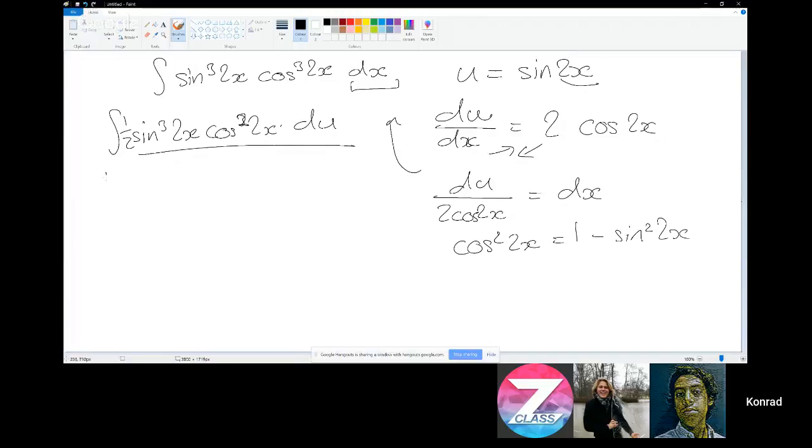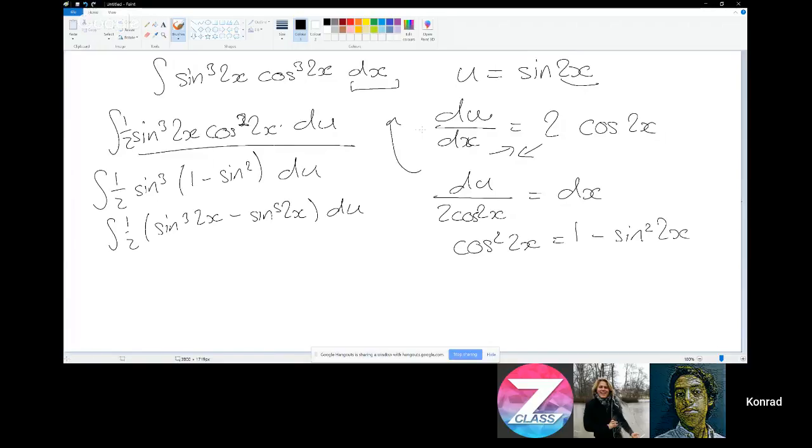So what we get now is the integral of a half sine cubed, and I'm going to stop writing the 2x's for now just to make life simpler, times 1 minus sine squared du. Now we can multiply through the bracket. We get the integral of a half sine cubed of 2x minus sine to the 5 of 2x du.